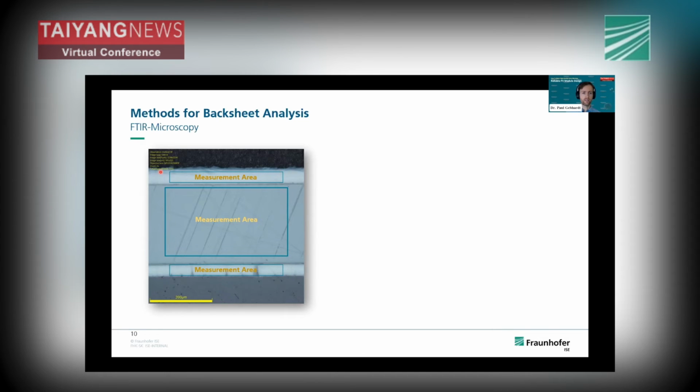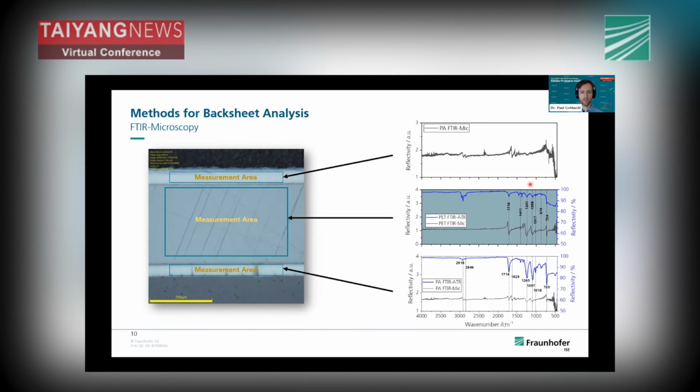And in FTIR microscopy, you can actually select areas for a spectral measurement, so you can directly select the specific layers. So I brought some examples, where you basically see some spectrum, and with some material knowledge, you can identify this is a backsheet that consists of two polyamide layers with a PET layer in the center. And this works in many cases quite well.